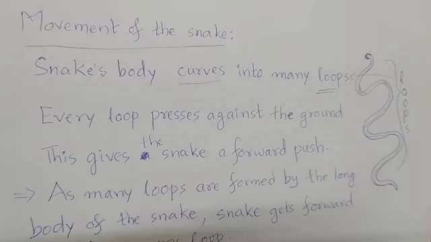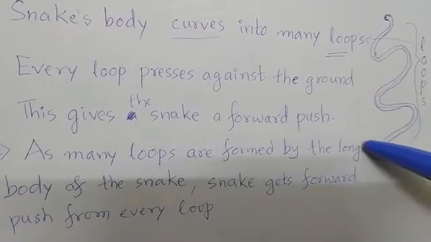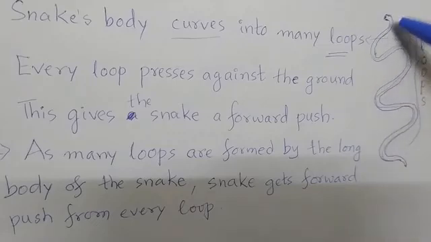So, every loop presses against the ground, and this pressing gives the snake a forward push. As many loops are formed by the long body of the snake, the snake gets a forward push from every loop.